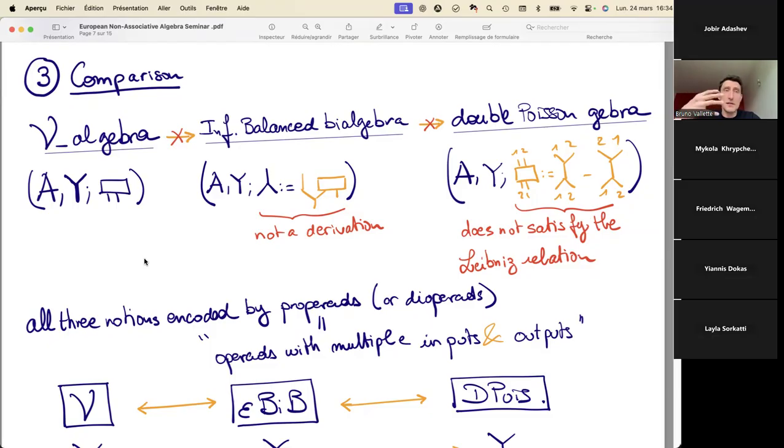An operad is an algebraic object which encodes all the operations acting on a certain type of algebraic structures. So, for instance, there is one operad which encodes commutative algebras, one which encodes Lie algebras, one which encodes associative algebras. But an operad encodes operations with several inputs and one output. Here, we have operations with several inputs and several outputs.